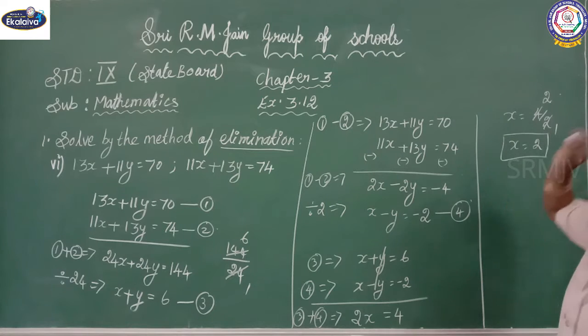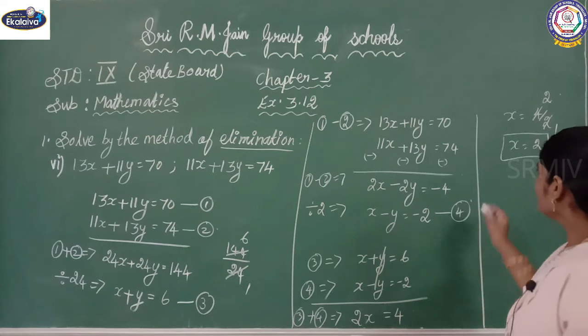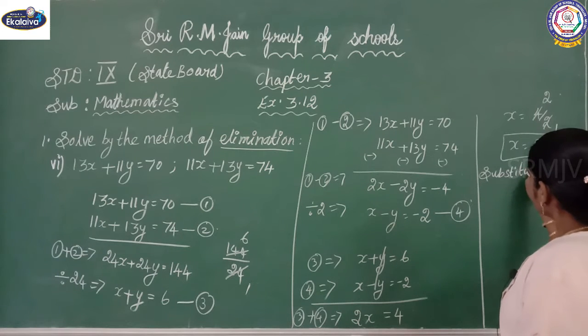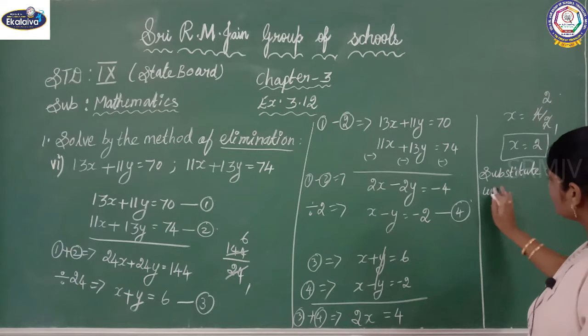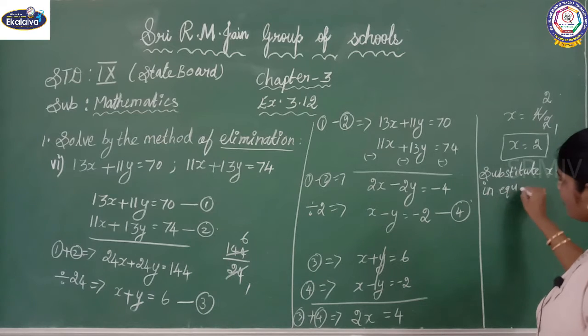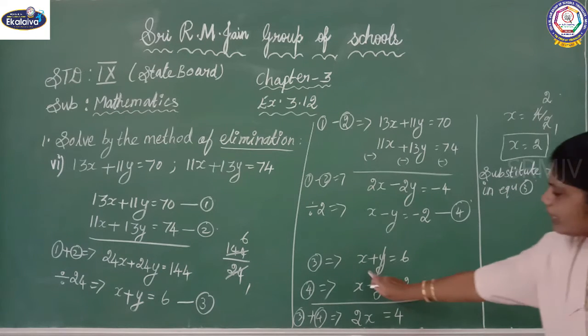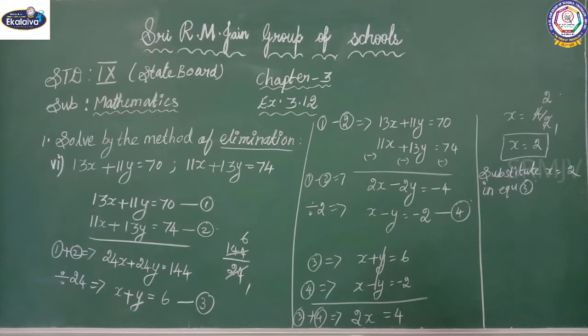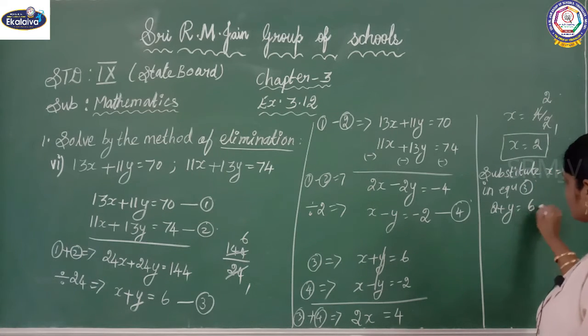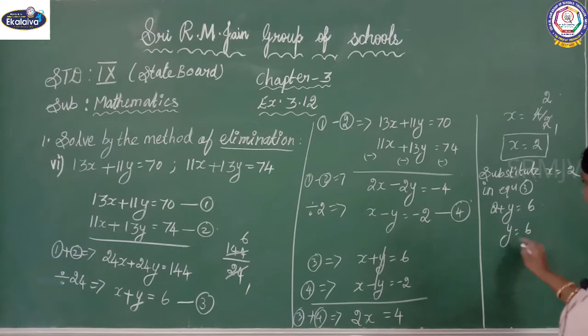Next we are going to find the y value. So substitute x equal to 2 in equation 3. The third equation is x plus y equal to 6. Here the x value is 2, so 2 plus y equal to 6. y equal to 6, the plus 2 will change to minus 2, so y equal to 6 minus 2.